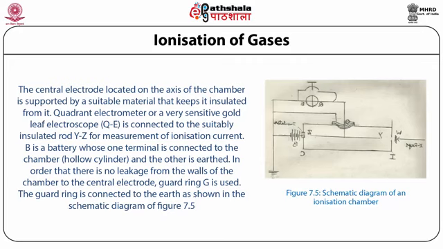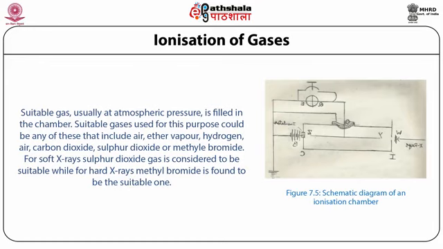B is a battery whose one terminal is connected to the chamber, which is a hollow cylinder, and the other is earthed. In order that there is no leakage from the walls of the chamber to the central electrode, guard ring G is used. The guard ring is connected to the earth as is shown in the schematic diagram of figure 7.5. A suitable gas, usually at atmospheric pressure, is filled in the chamber.